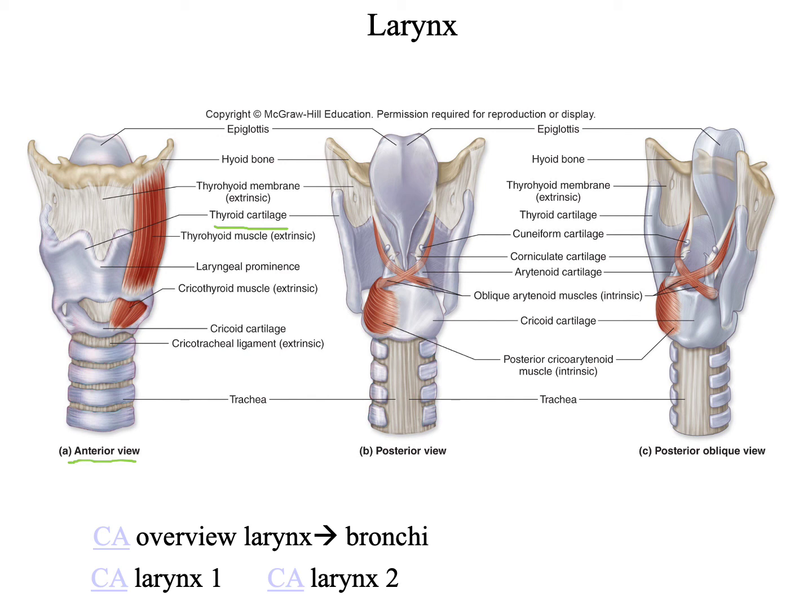And then we already mentioned the cricoid cartilage here that makes up these rings. Okay. Then if we flip to a posterior view, we can see that we have a cuneiform cartilage, and then inferior to that we have the corniculate cartilage, and then inferior to that the arytenoid cartilage. Okay. And then we can also see the cricoid cartilage again on the posterior side.